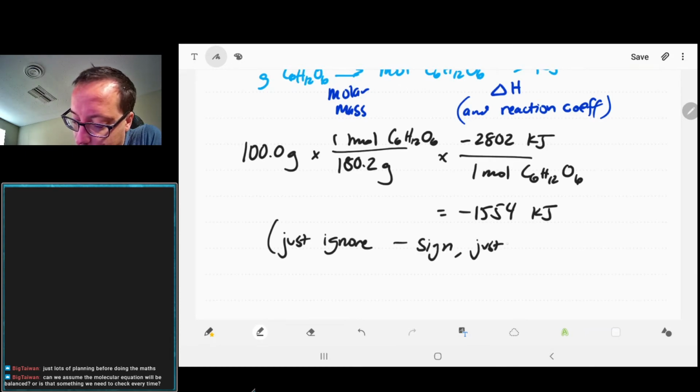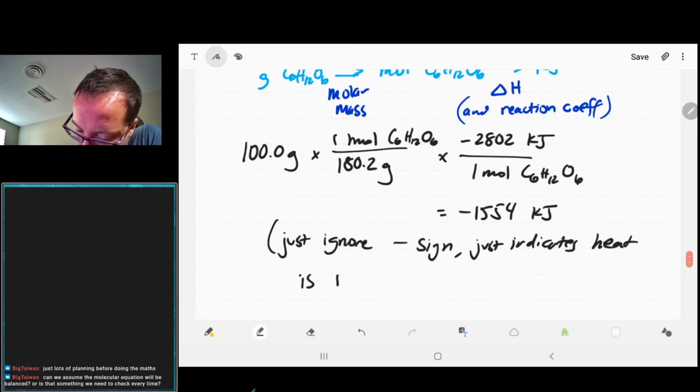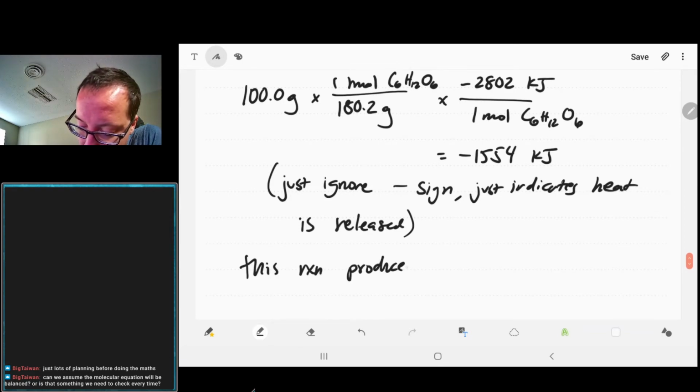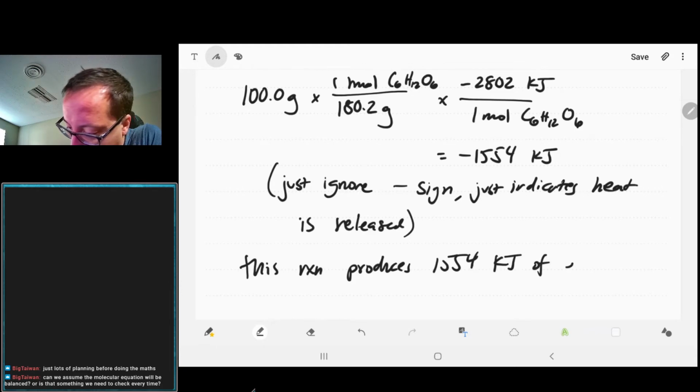It just indicates that heat is released. So we could say this reaction produces that much energy as we go through it.